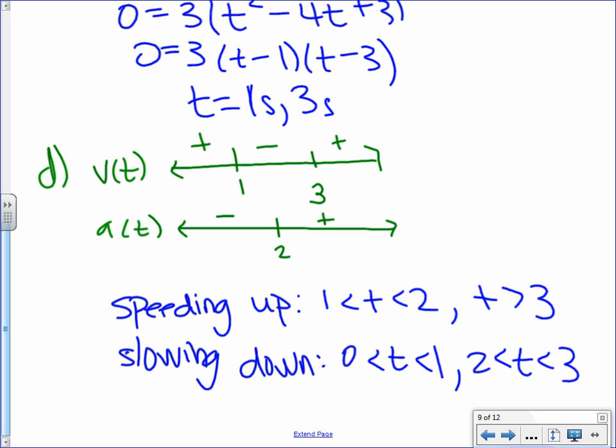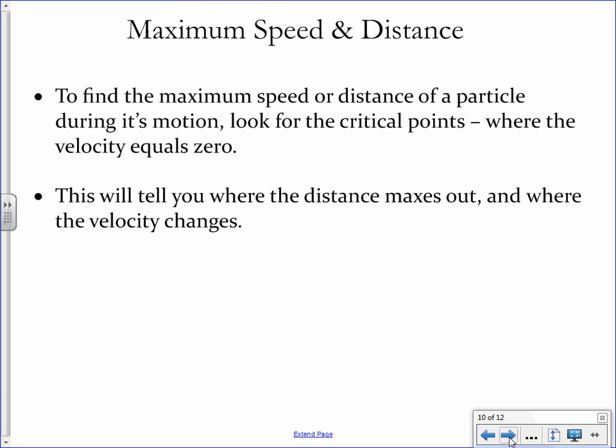Finding the maximum of a function, not a big deal, okay? But what I'm going to present you with are either maximum speeds or distances, okay? We're still going to have to look for critical points, but we just have to be careful of what function we look at critical points for, okay?